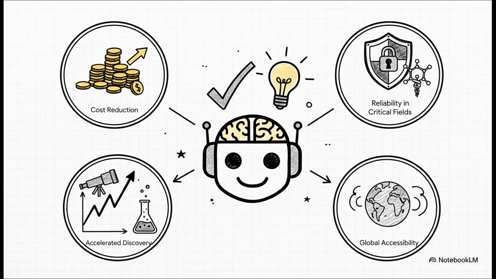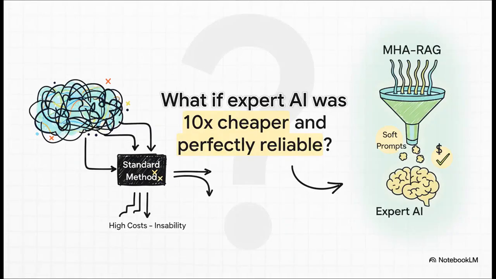It brings rock-solid reliability to critical areas like medical diagnoses or chemical safety analysis. This could seriously accelerate scientific discovery in medicine and chemistry. And ultimately, it just makes this kind of advanced, specialized AI way more accessible to everyone, not just the big companies with massive supercomputers.